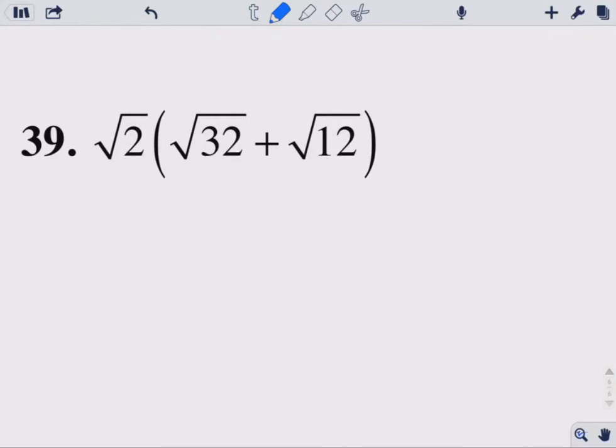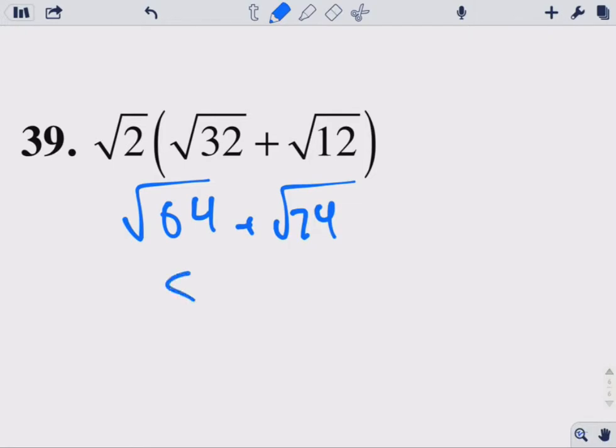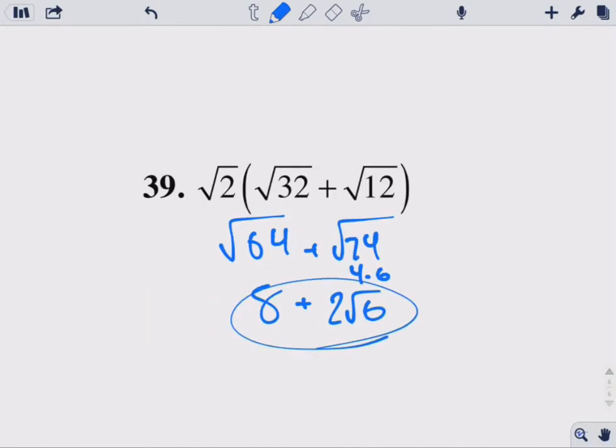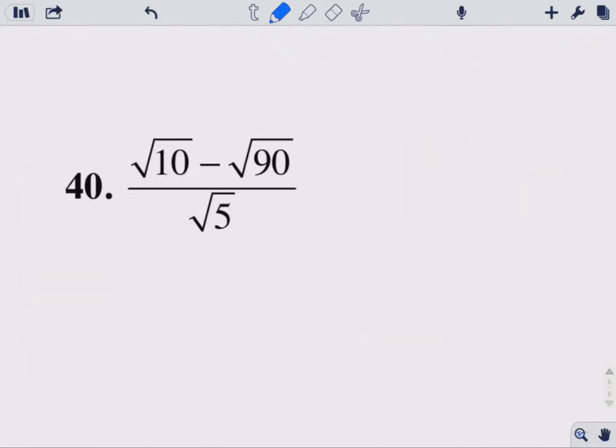Okay, now we've got to distribute. That's the square root of 64. Alright, 2 times 12, that's plus the square root of 24. Square root of 64 is 8. 24 is 4 times 6, so that's 2 square root of 6. Oh, I can divide into each of these. I can do this, and I can do this.